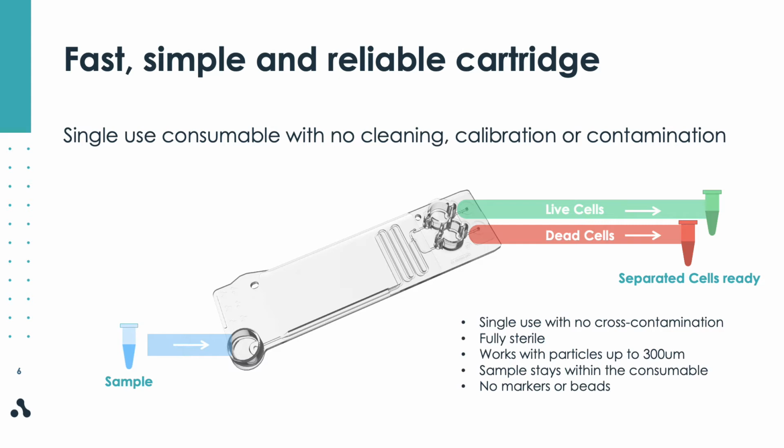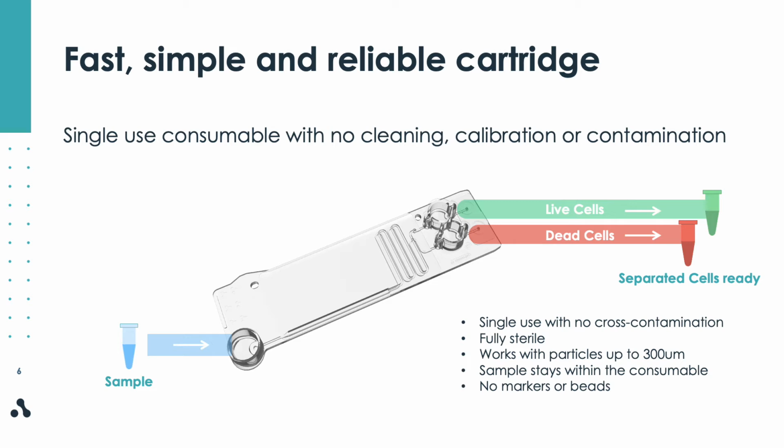Now, the beauty of our device and our consumable is that the volume of the sample always stays 100% on board of the cartridge. What this means is, run to run, there is no concern of cross-contamination. The sample never touches any part of the hardware system. The two little ports that you see up here are vacuum connections.